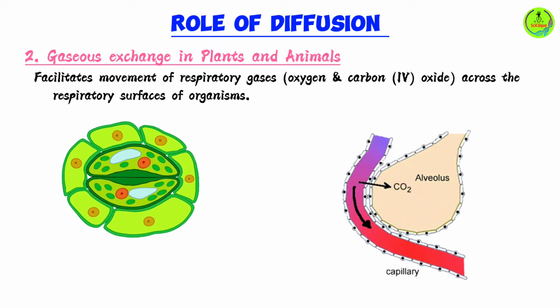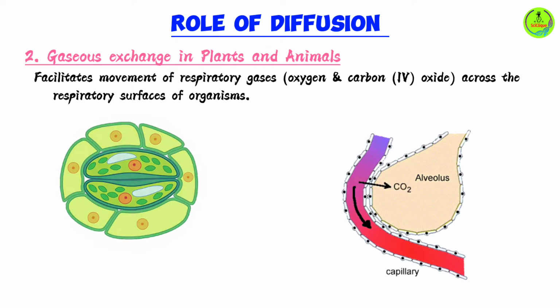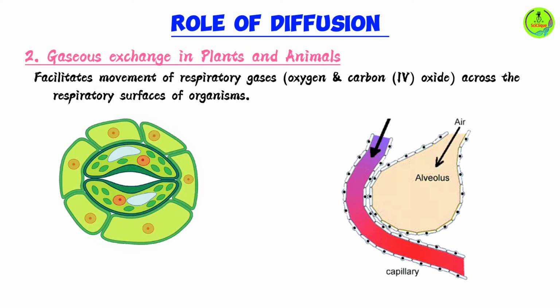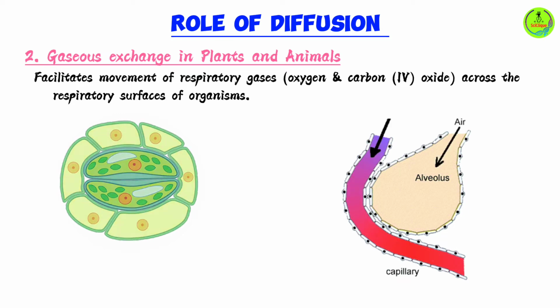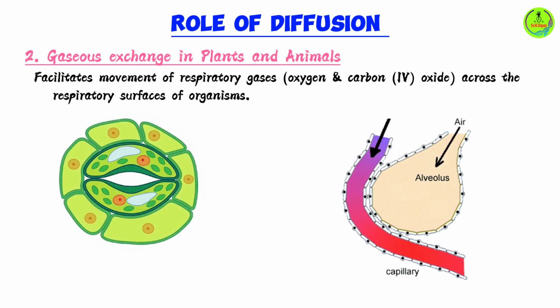So the specific surfaces where oxygen and carbon dioxide diffuse are referred to as the respiratory surfaces. In mammals, our respiratory surfaces are the alveoli. In plants, you have the stomata. This process is possible as a result of diffusion.